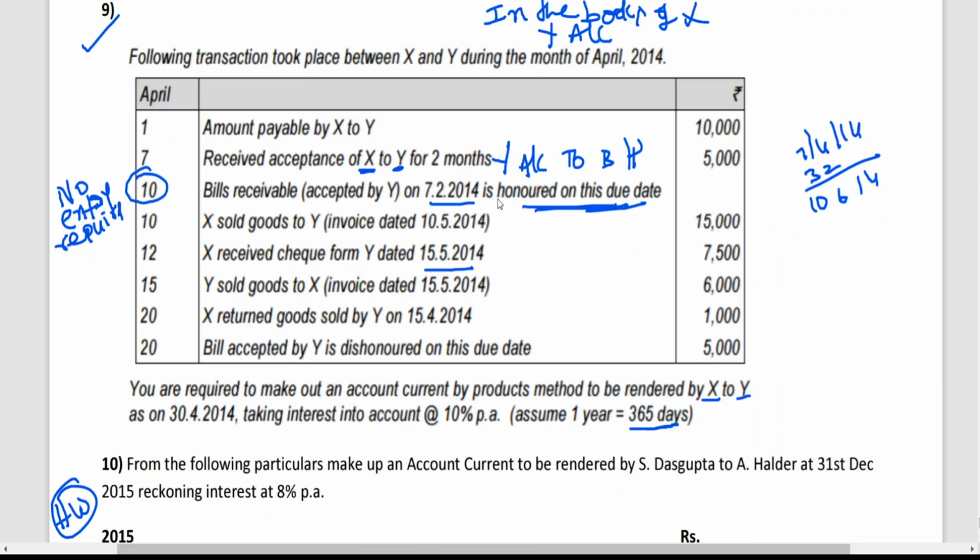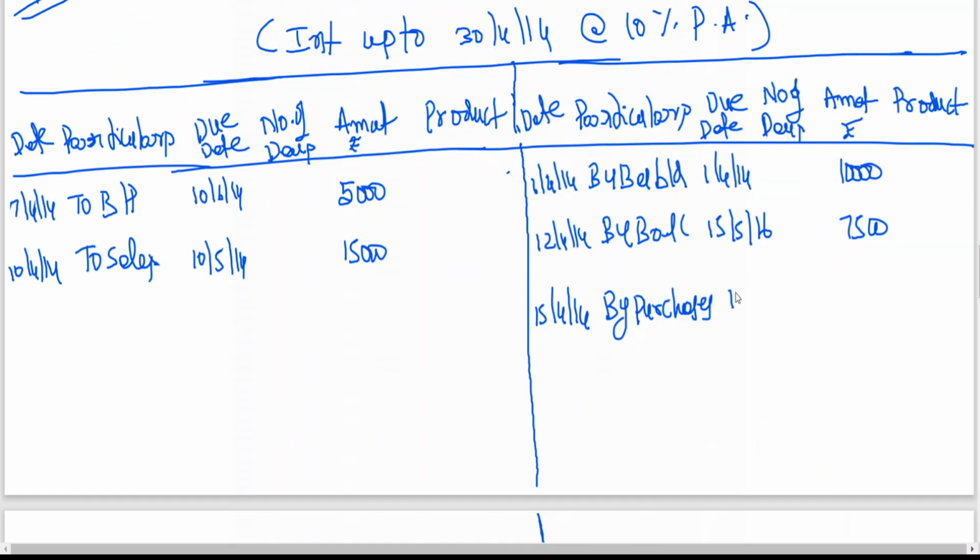Due date has been given. Due date is 15th May. Amount is 6,000 rupees.